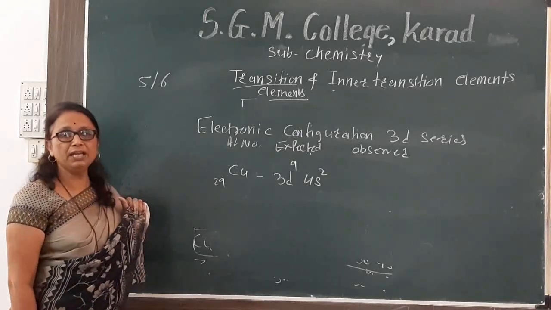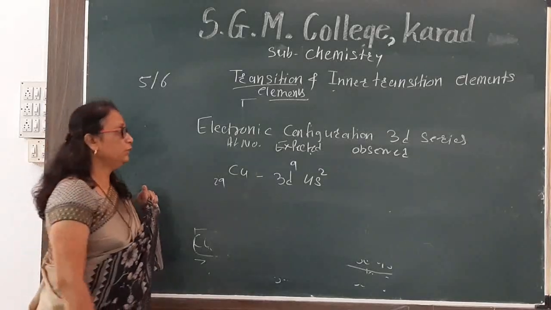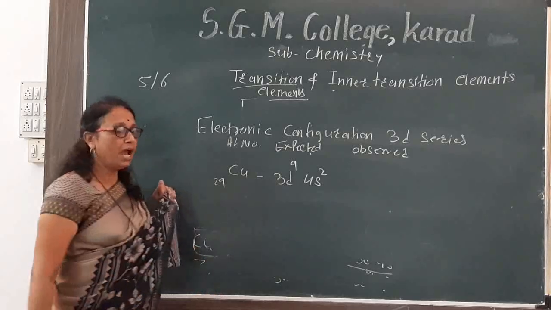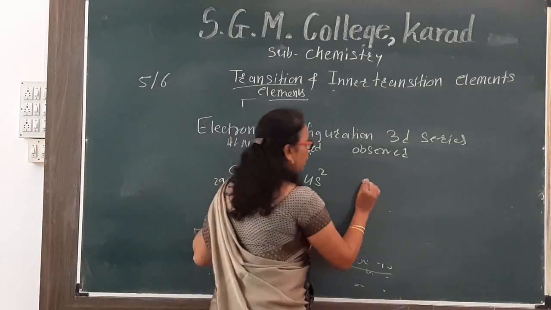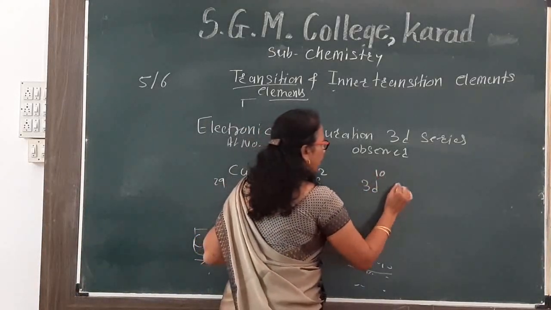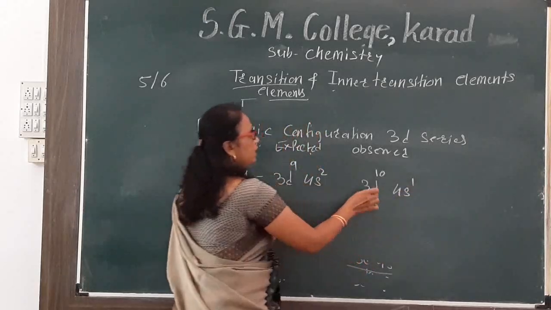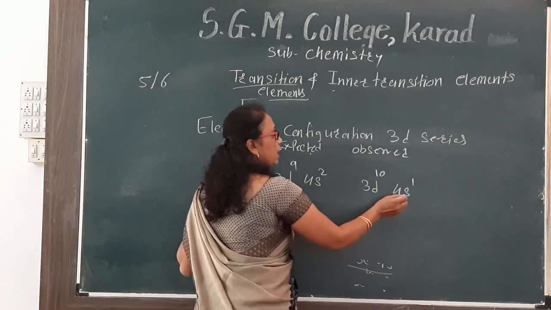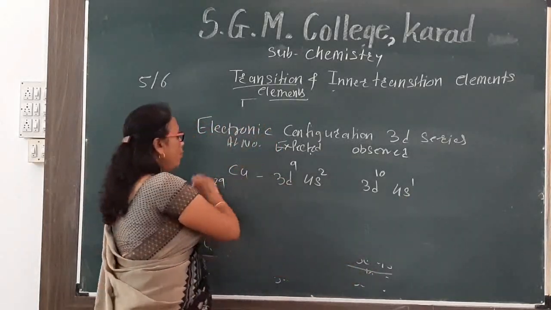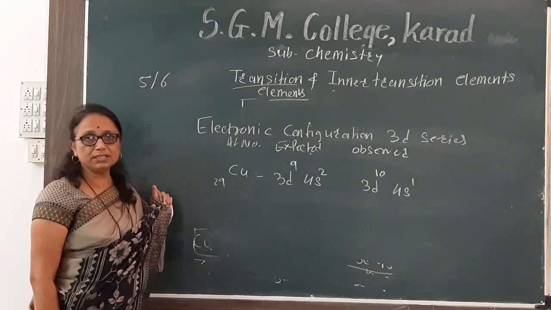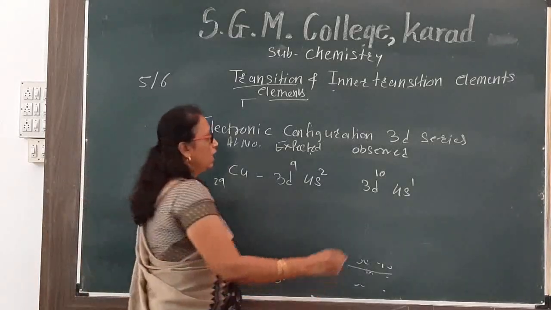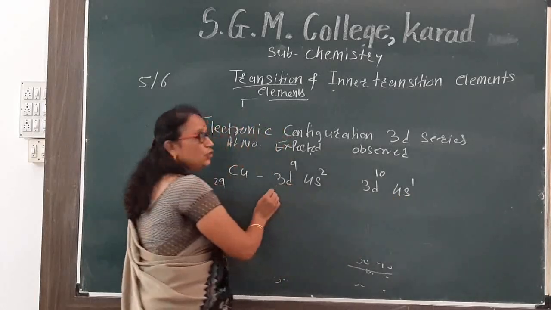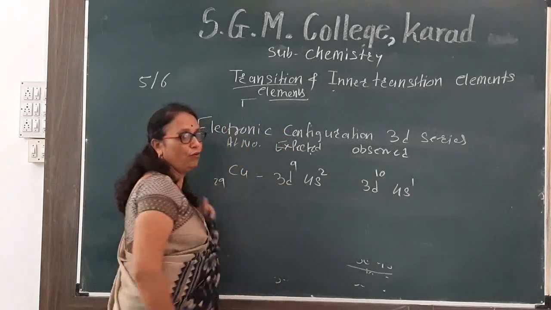Hence, to gain extra stability, one electron from 4s is transferred to 3d, and it becomes 3d10 4s1. The 3d orbital gets completely filled and the 4s orbital gets half-filled, and copper acquires extra stability. Thus, the observed configuration is 3d10 4s1 instead of 3d9 4s2.